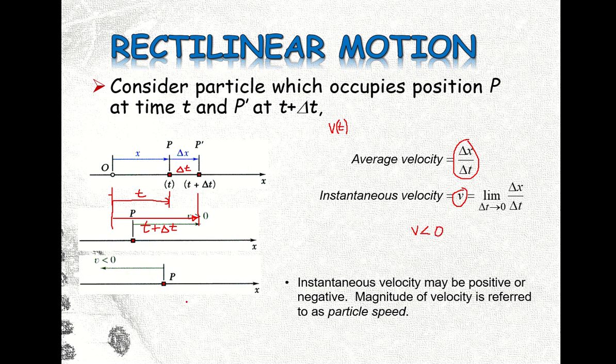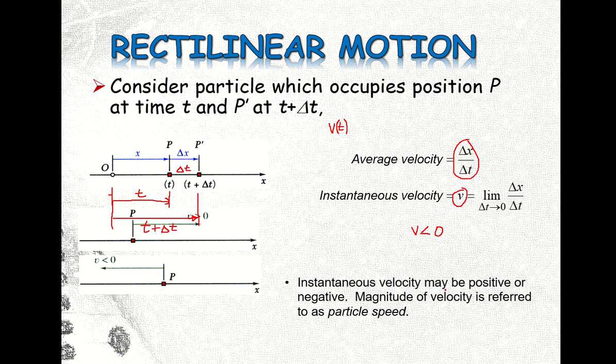So, referring to this illustration, the particle is on the left side, because this is negative, assuming this is the neutral point, the initial position of the particle. So if it is on the left of this point, it means that our v is negative.